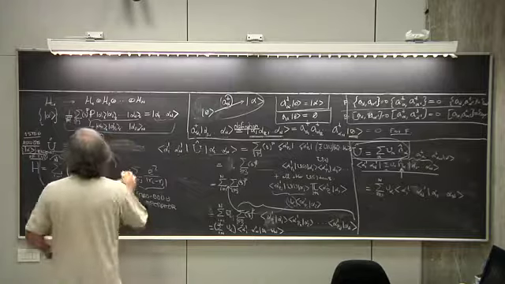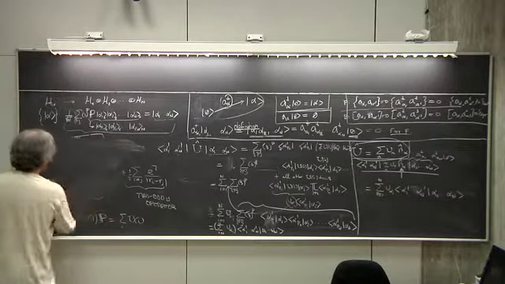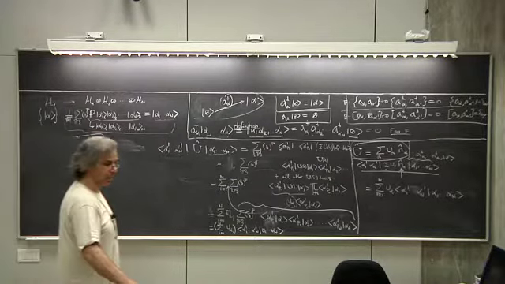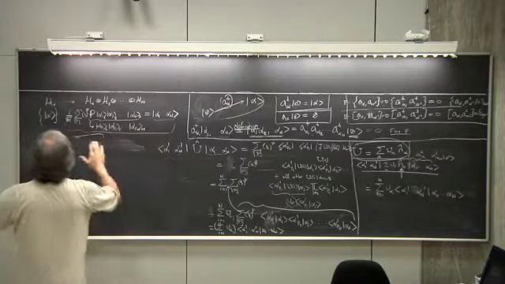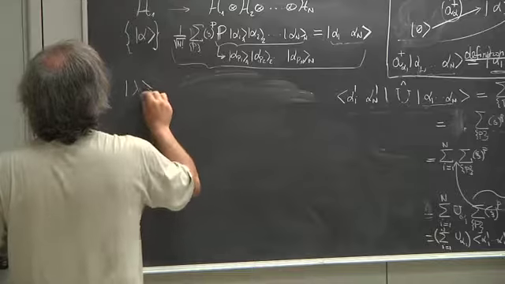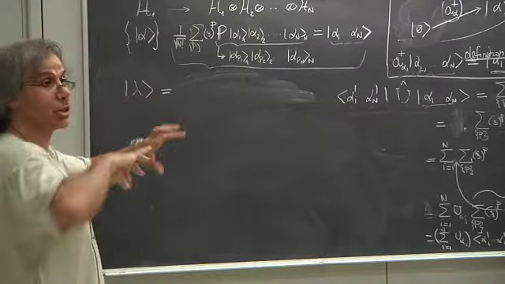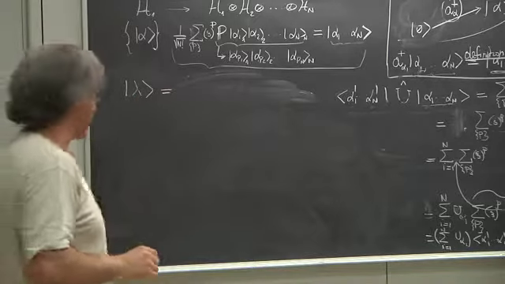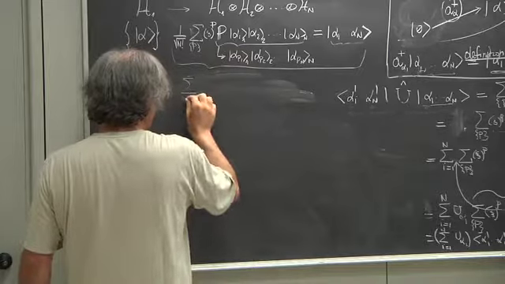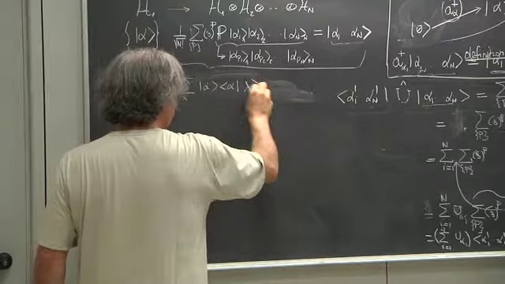Needs very little, but let me just redo it. So the second basis, how should I call it? Lambda. So there is a basis lambda now, which is obviously a certain superposition of alpha states. How do I write it? It's always the same thing: sum over alpha, |alpha><alpha|, the identity, times |lambda>.